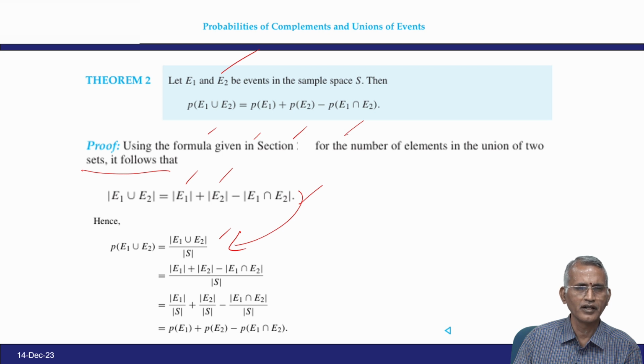Cardinality of E1 union E2 is cardinality of E1 plus cardinality of E2 minus cardinality of E1 intersection E2, divided by cardinality of the sample space, which is equal to cardinality of E1 by S, cardinality of E2 by S, and cardinality of E1 intersection E2 by S. That is probability of E1, probability of E2 and probability of E1 intersection E2.